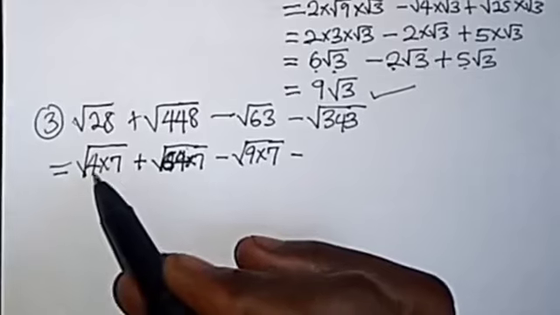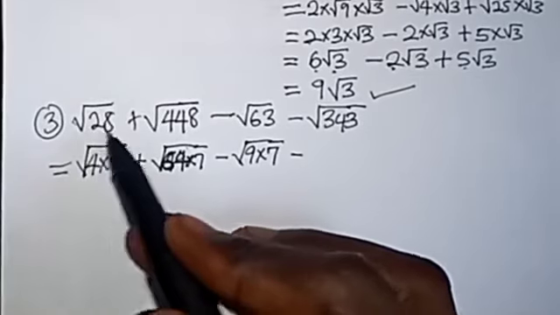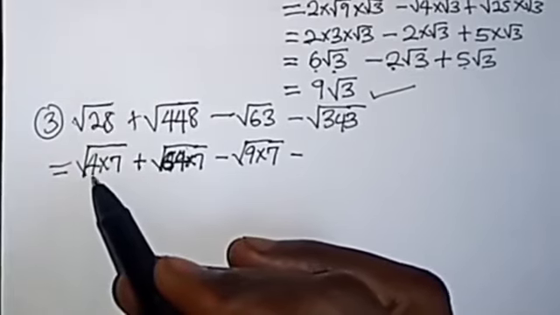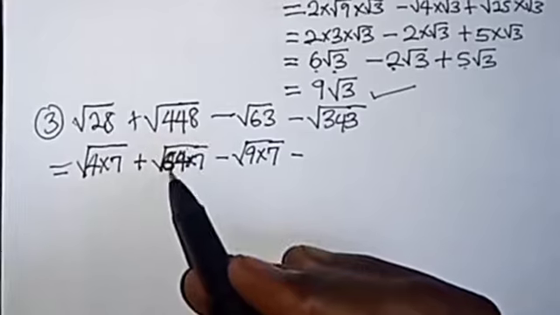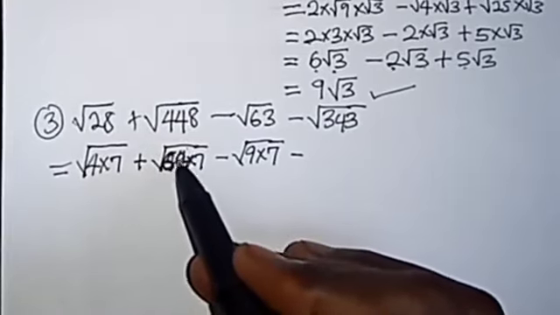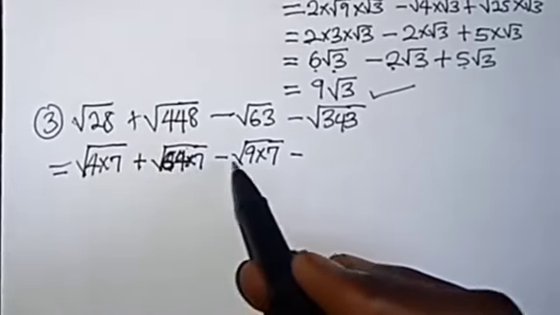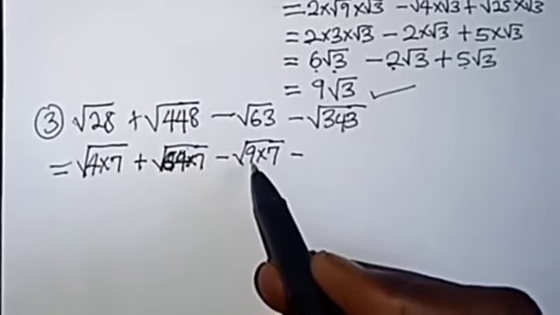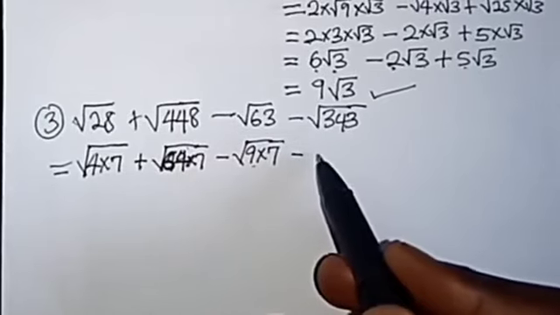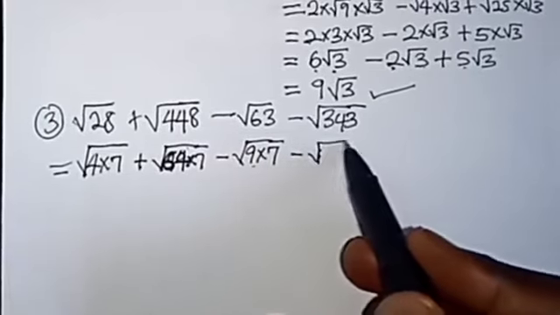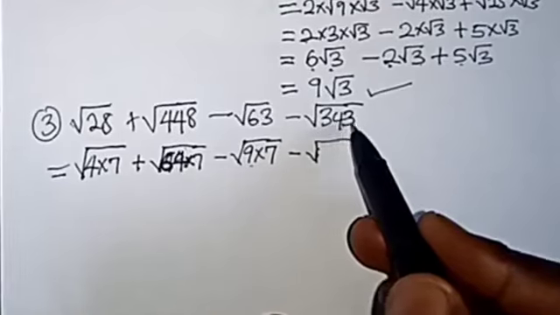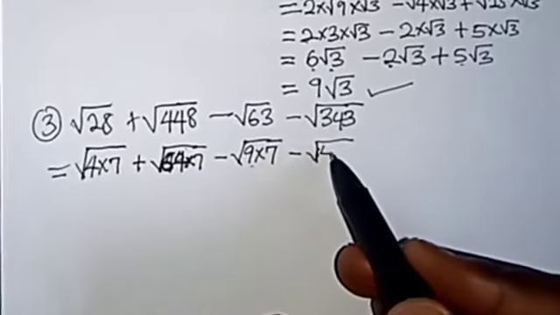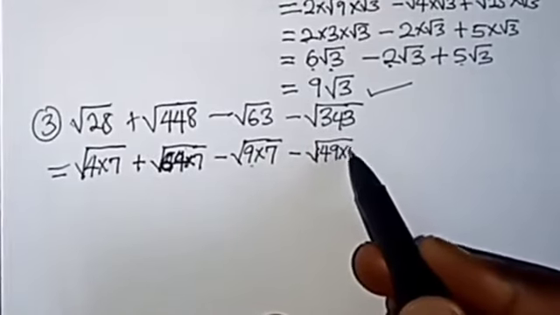So we have 4 times 7, it will give us 28. 4 is a perfect square here. Why 48? If we divide it by 3, we have 16 times 3. We have 16. So 16 is a perfect square. And for 63 here, 9 times 7, we have 63. 9 is a perfect square. Then for 343, if 7 divides into 343, I will have 49 times 7.